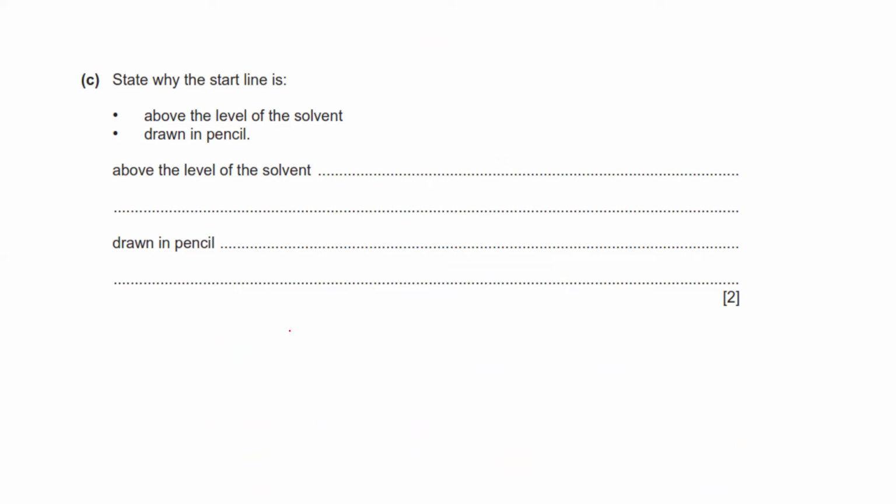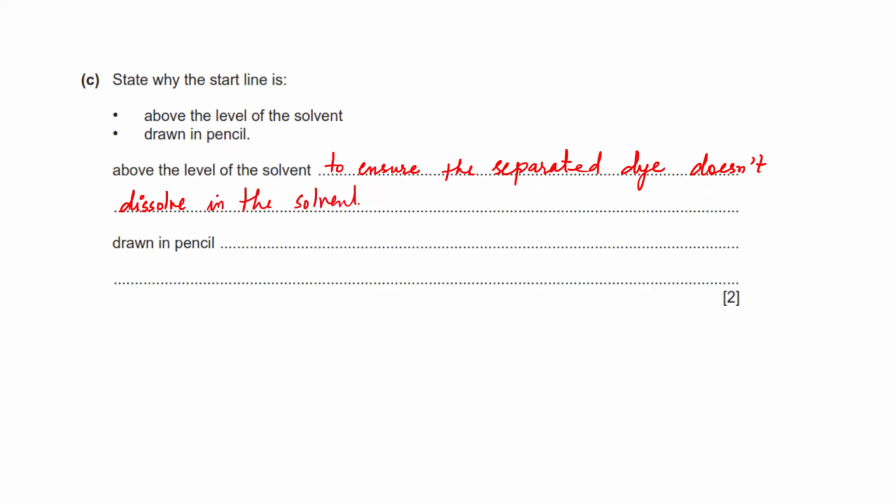This is to ensure the separated dye does not dissolve in the solvent.